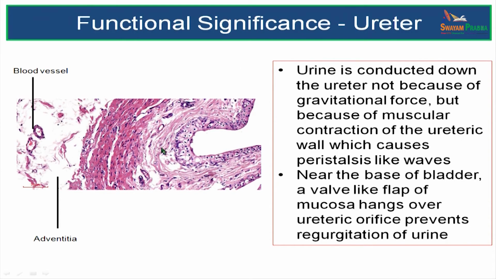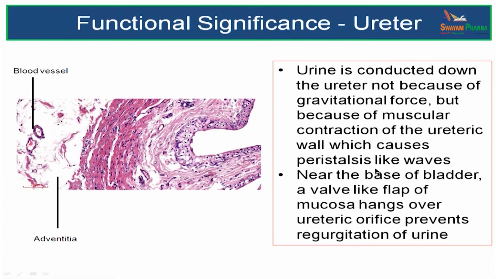So, what is the functional significance or the functional correlation of learning about the microscopic anatomy of ureter? Please understand that urine is conducted down the ureter not because of the gravitational force, but only because of the muscular contraction of the ureteric wall.